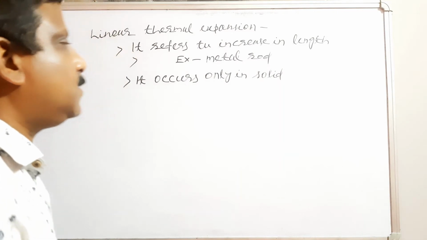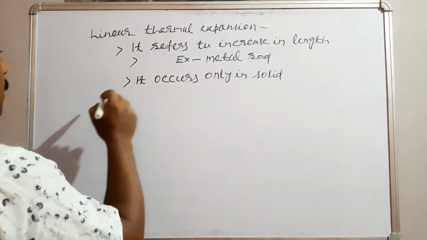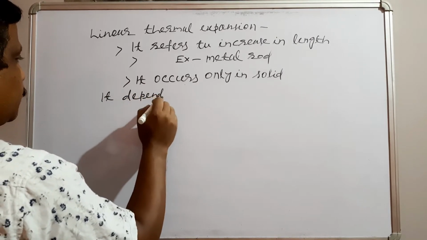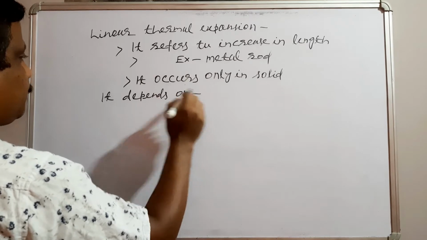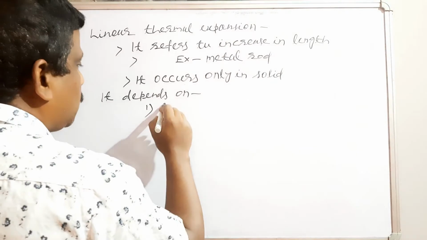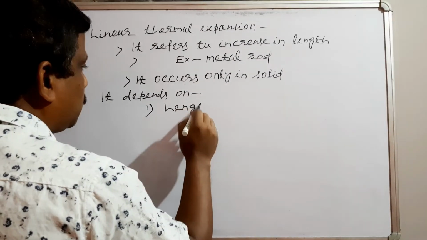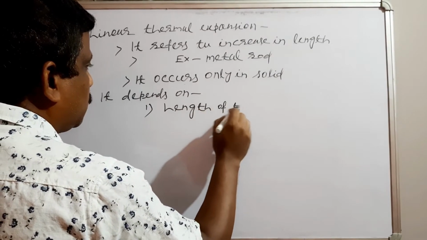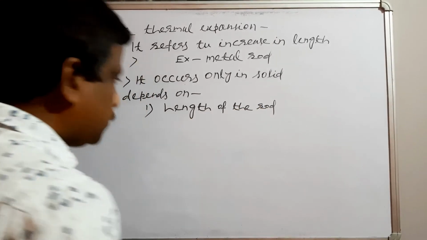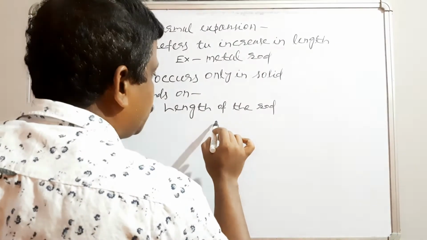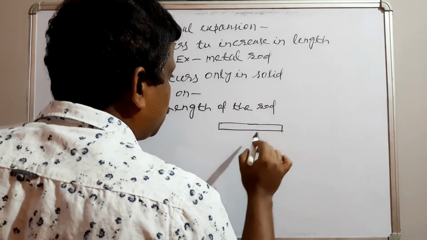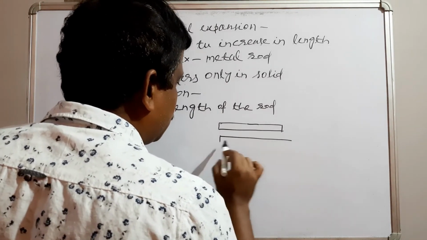Now on what factors does it depend? Linear thermal expansion depends on the length of the rod. Suppose you take two rods, this is one rod and this is another rod.